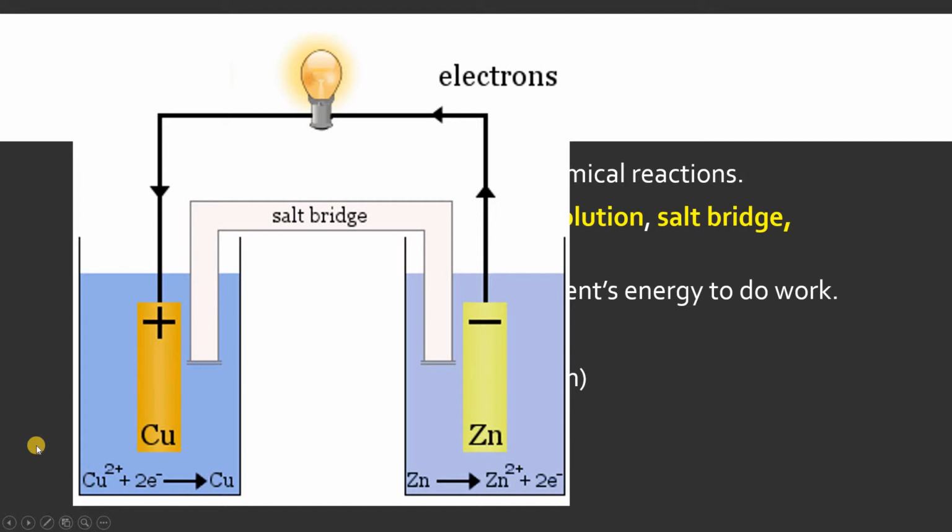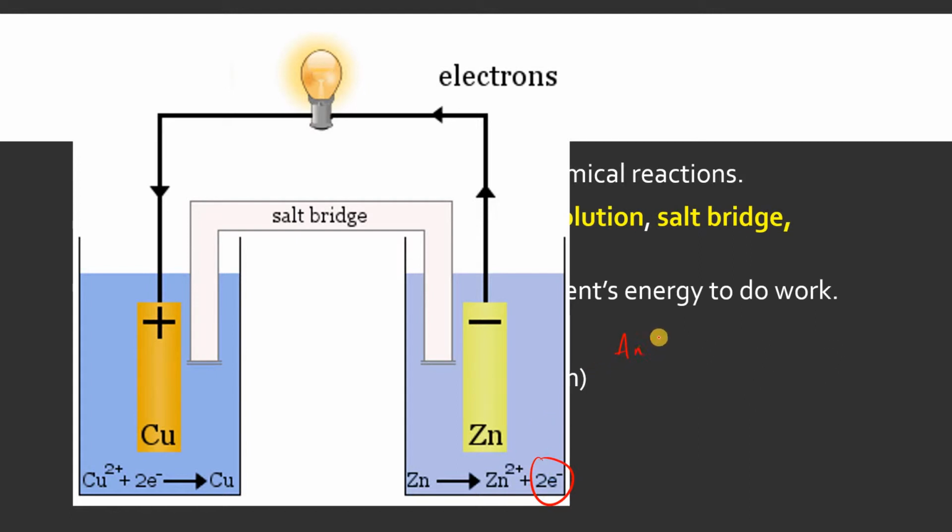Alright, let's look at this particular picture. You'll notice the half reactions. The main reaction's not visible to us, but we have zinc. Notice the zinc is turning into a Zn2+ ion, and it is giving off 2 electrons. Okay, maybe you will recall this, whether or not you do.